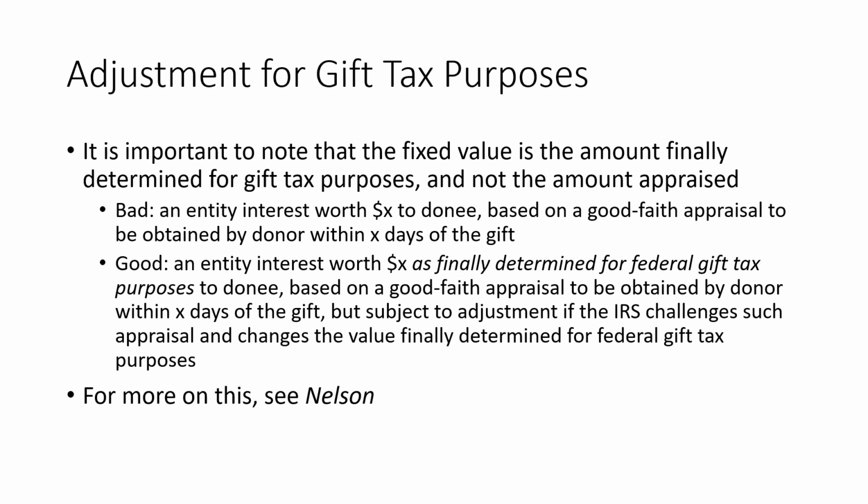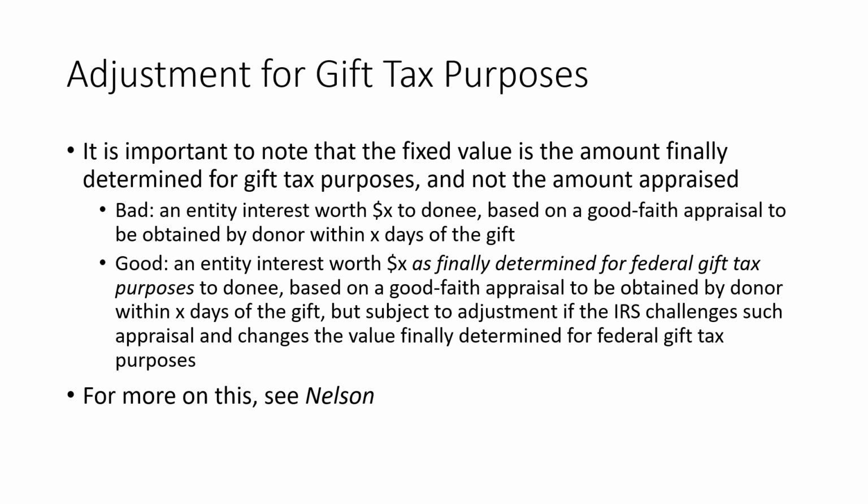And if that appraised value is increased, then that's going to increase really the amount of the gift and really make this be a transfer of a percent ownership interest. So there was no fixed value for gift tax purposes here. It was really a percent interest because it's based on a fixed appraisal. What we want is the appraised value to potentially be fluid as well to determine that percent.